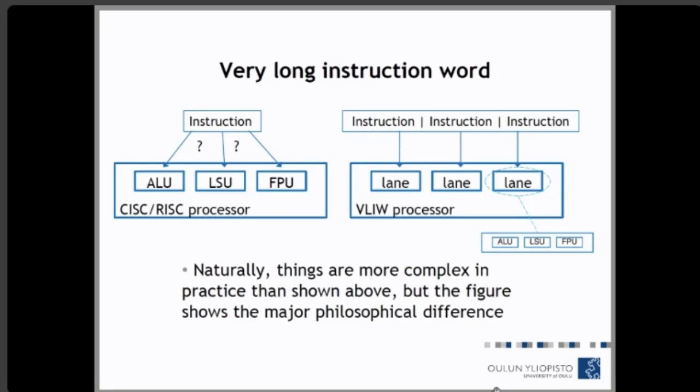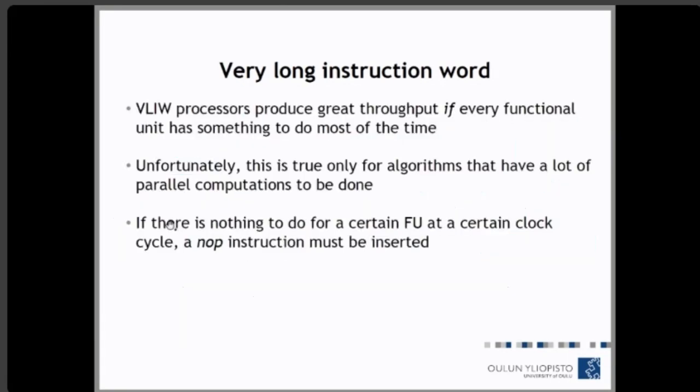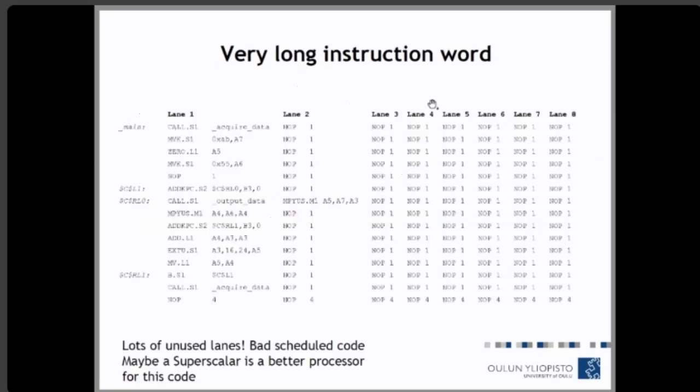This is similar to the superscalar concept, but there is a trick here that distinguishes VLIW. VLIW relies on the compiler's static scheduling. So this is an example of VLIW code. This is not very well scheduled code, because you see we have 8 lanes.